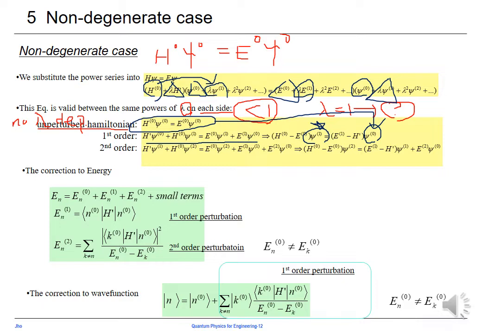Likewise for the second order, lambda squared, you compare both sides again. So in this case, for second order you have here, here, you have here, and here, right?